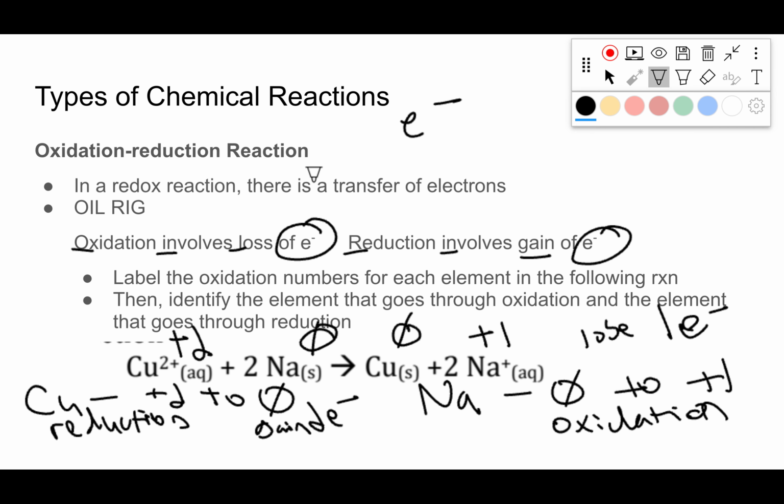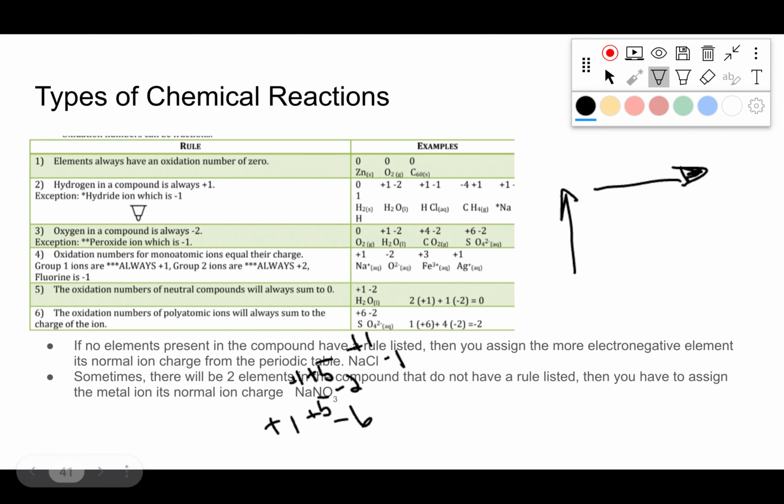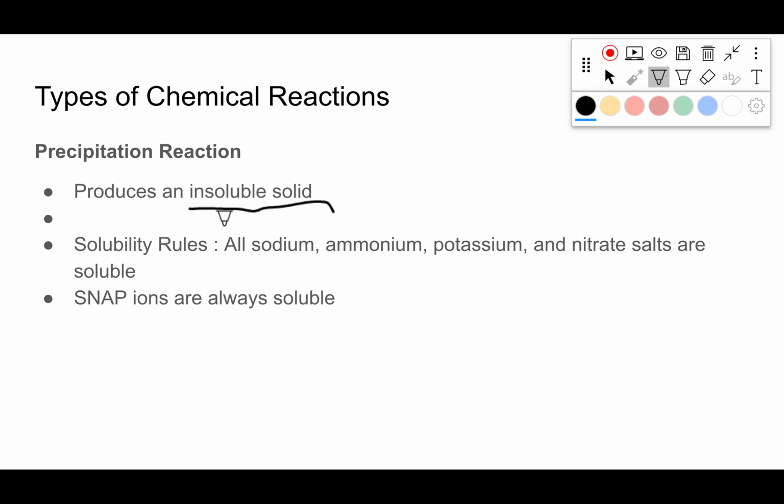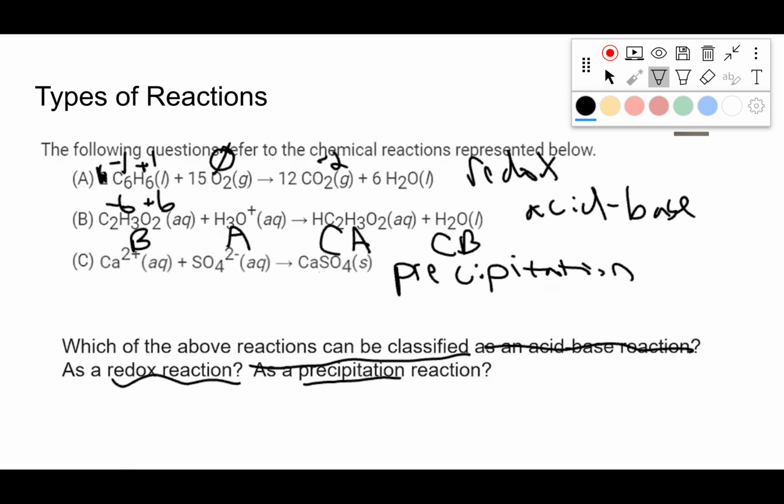That's one of my rules. If it is a negative 2 and there's 2 of them, it's a total of negative 4. That means that overall my carbon has to cancel with positive 4. Well, there's only one carbon this time, so it is just going to be a positive 4. And then here, oxygen is a negative 2 because it's always a negative 2. Hydrogen has to always be a positive 1.